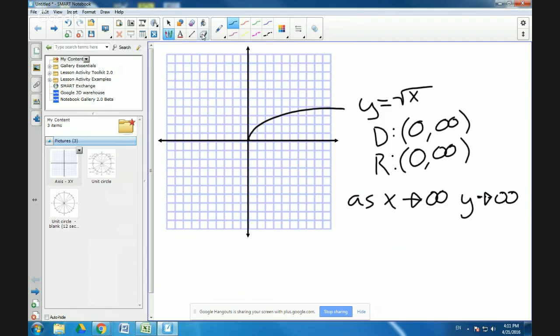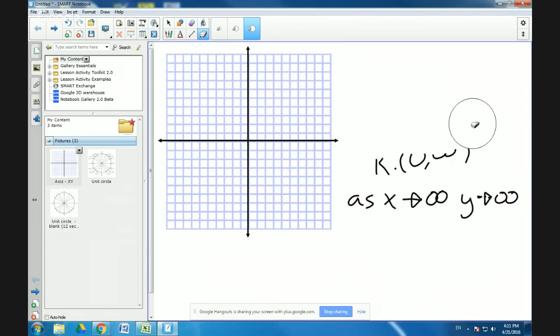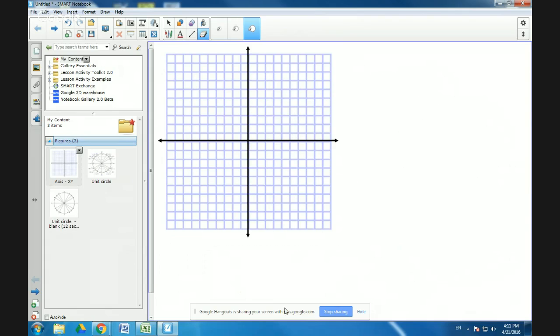So the next one we have is the quadratic. The quadratic is something like this, and it's represented here as y equals x squared.